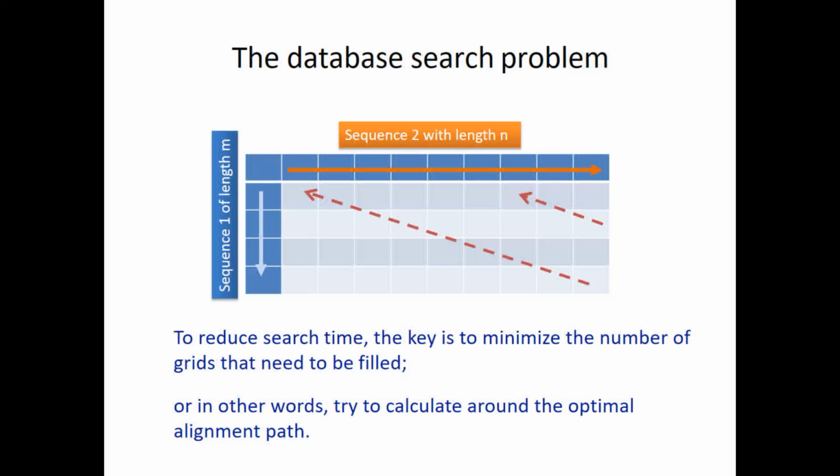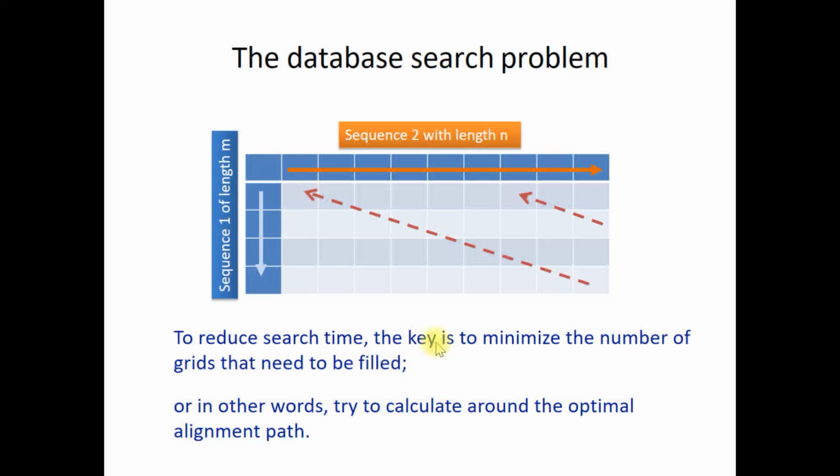So for dynamic programming algorithms, to reduce the search time, the key is to minimize the number of grids that need to be filled in the dynamic programming matrix. In other words, try to calculate around the optimal alignment path, not everywhere in the matrix, only around the diagonal direction.